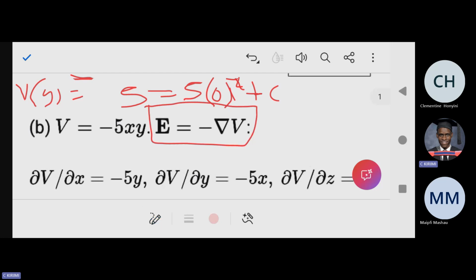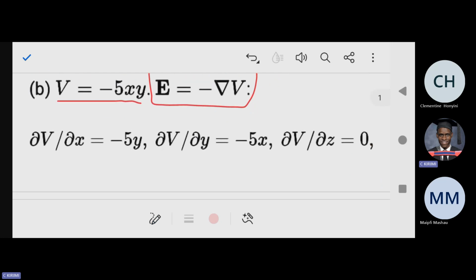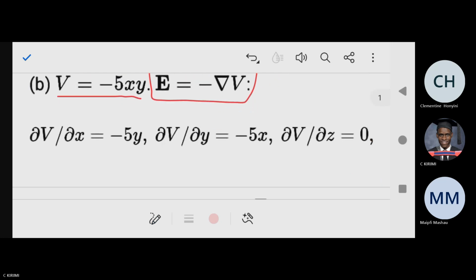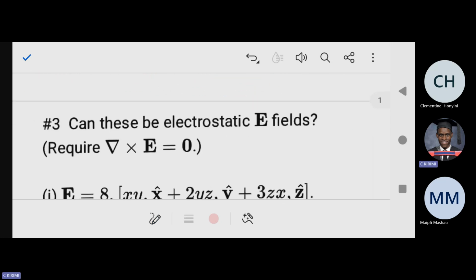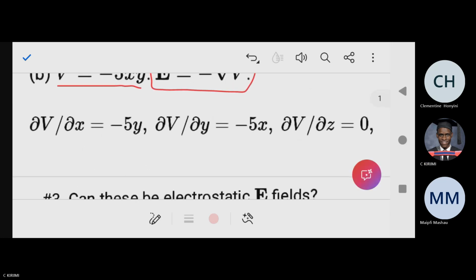You differentiate the same V with respect to y, you get minus 5x. Differentiate V with respect to z, it is 0. So partial x, partial y, partial z, which is equal to 0.